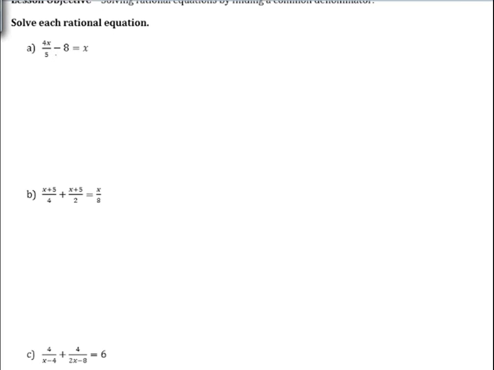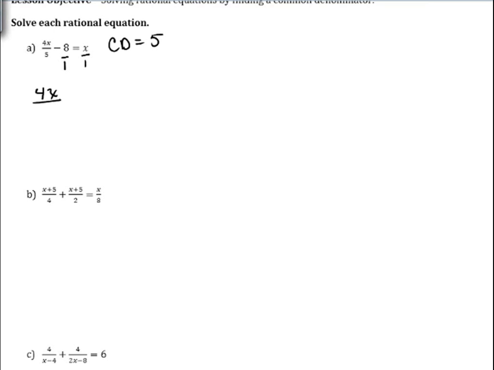So our first example here is 4x over 5 minus 8 equals x. And our common denominator here is going to be the 5. We can rewrite the negative 8 as negative 8 over 1 and the x over 1 also. So what I need to do to the negative 8 to get the common denominator is multiply it by 5.